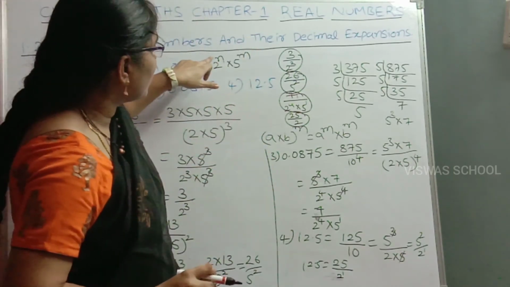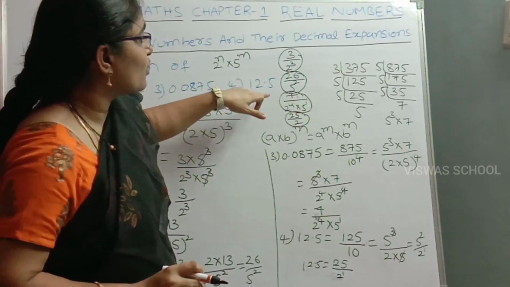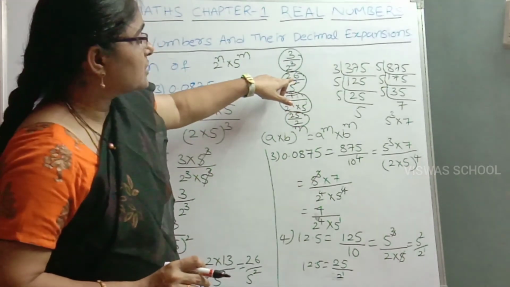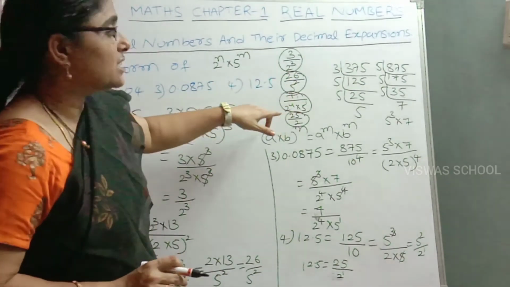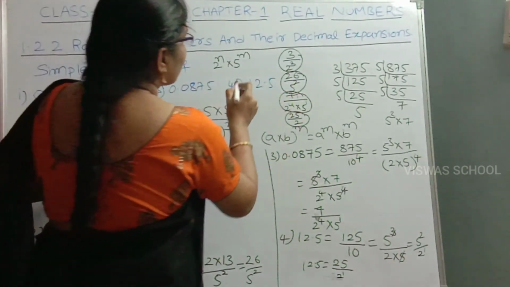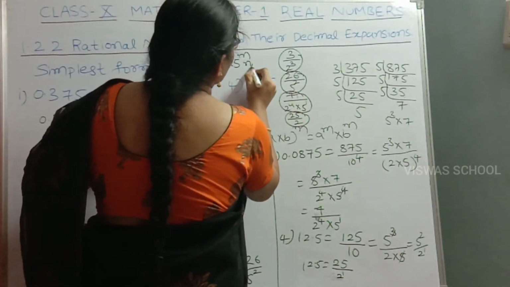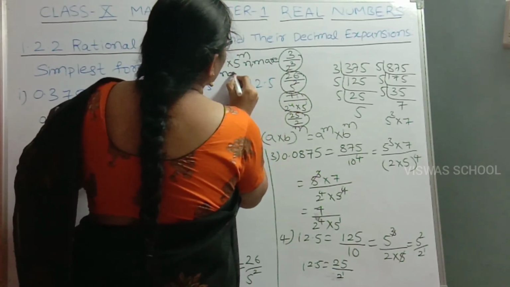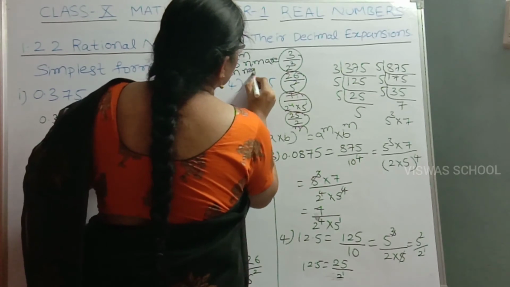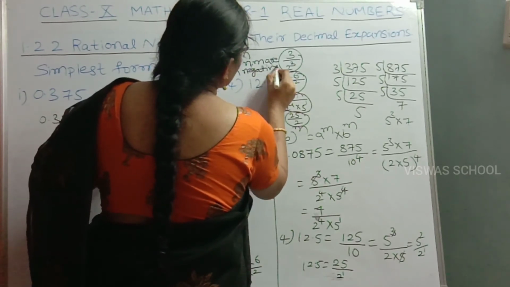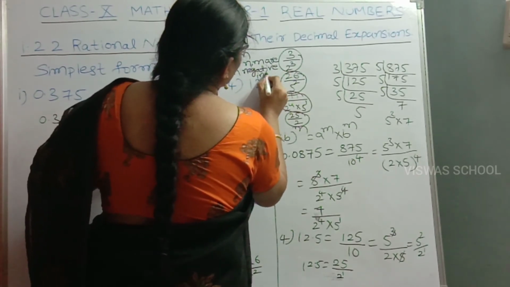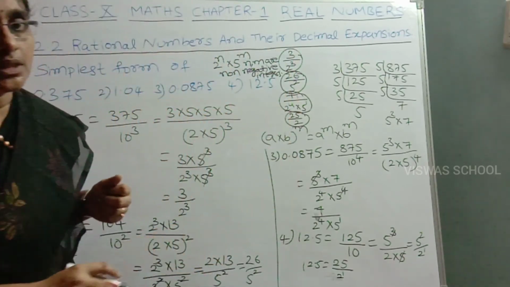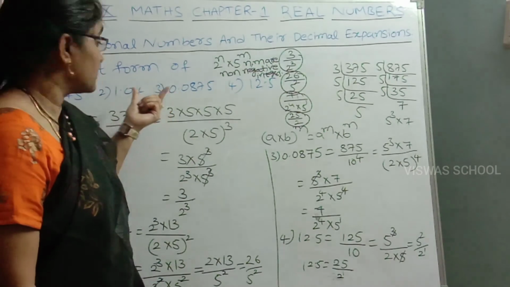Here n and m are non-negative integers. Now let us see.